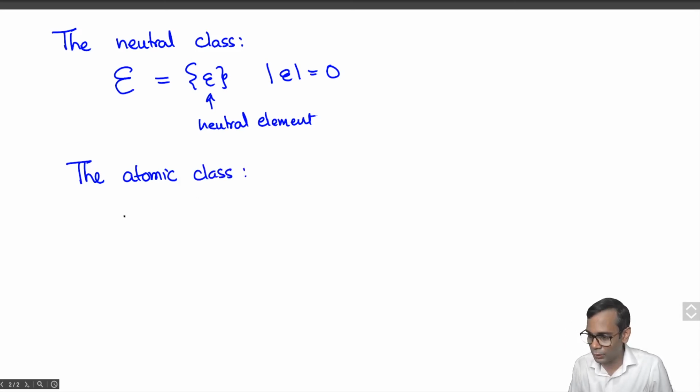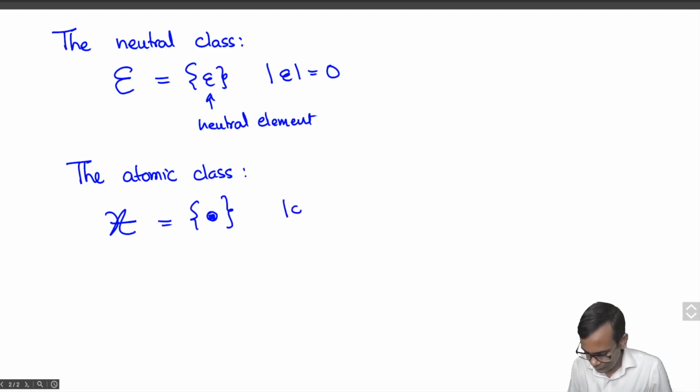So it's denoted by x. It sort of corresponds to the variable x in our power series, and it has only one element, which we usually denote by a small circle, which may or may not be filled in. This represents an atom. The size of the atom is 1.